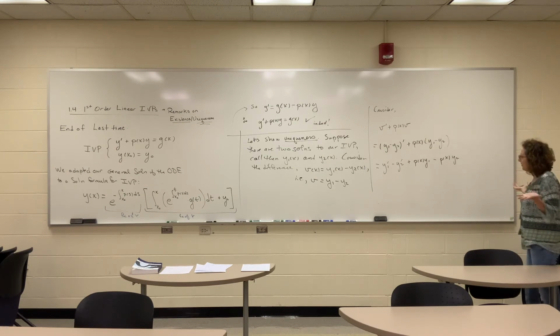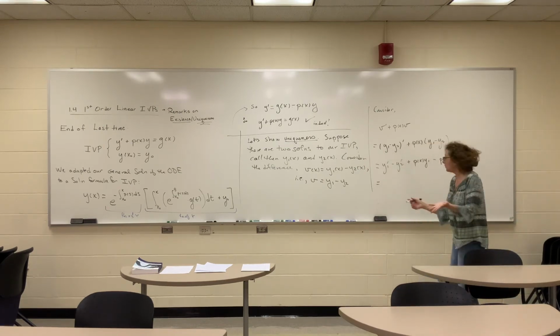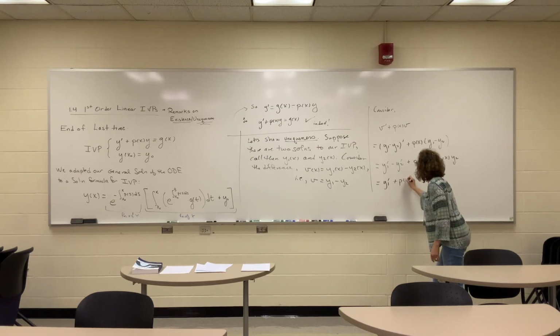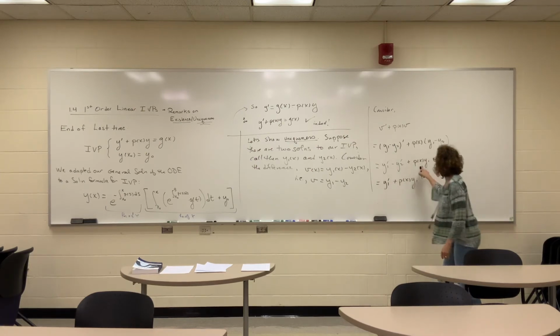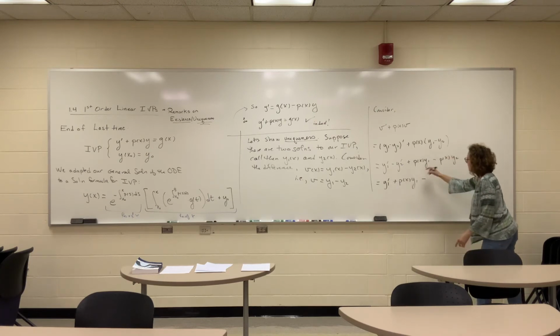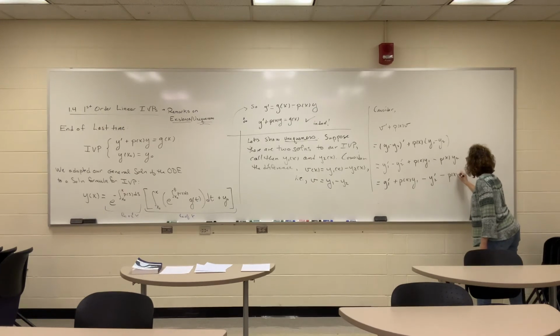Well, we could probably group this in a little bit nicer way. Anybody have any suggestions about what might be a better way to group this? Maybe we'll get the y1s, so maybe we'll write it as y1 prime plus p of x times y1. We'll get that guy there. And then we've got minus y2 prime minus p of x times y2.